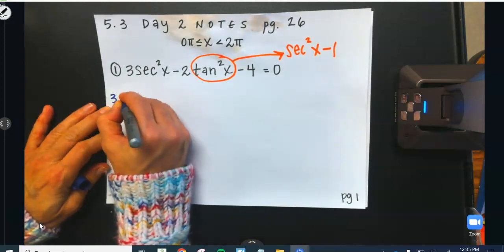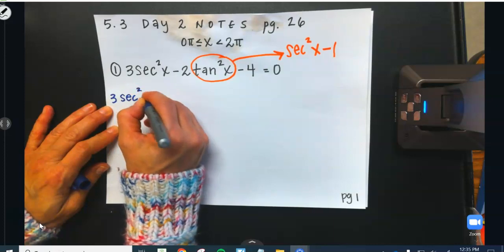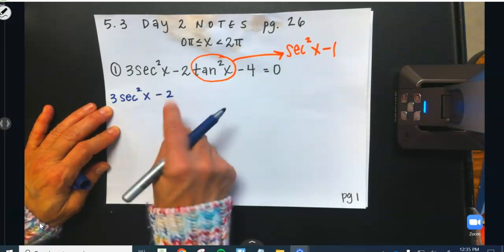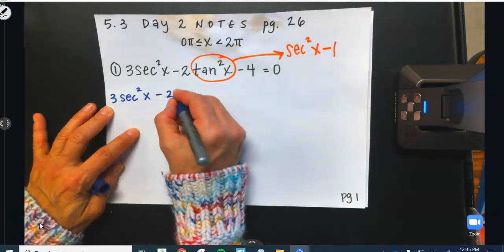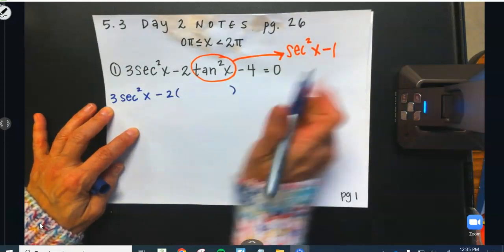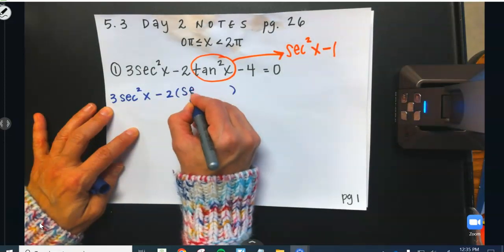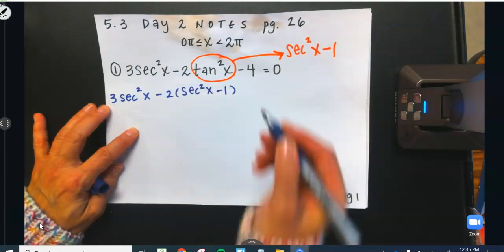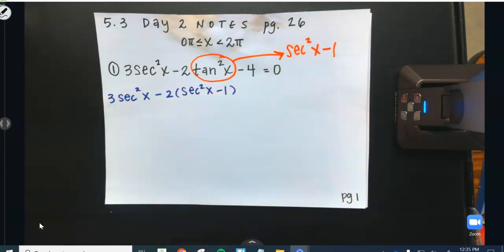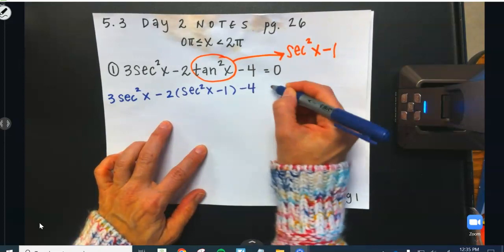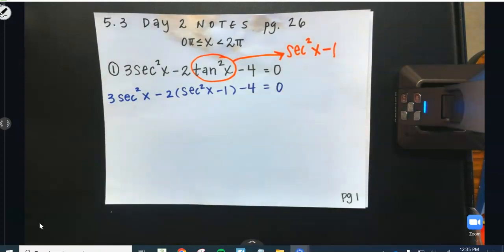The first term, we didn't do anything with it, so I'm just going to recopy that. Don't forget to recopy the negative 2. And remember, we're substituting this in, so let's write secant squared x minus 1 in parentheses. And then bring down your minus 4 and your equal sign and 0.